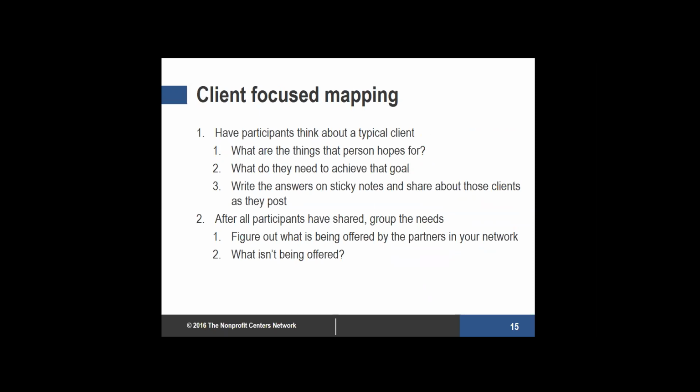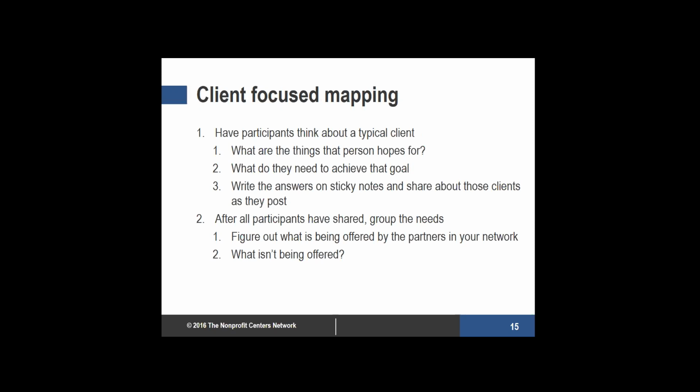When we work with human services focused centers, about a third of our network is composed of one-stop centers designed to make it easier for people to access needed human services, I like to use this tool called client-focused mapping. And I'll explain it and then show you a picture or a representation of what this can look like.